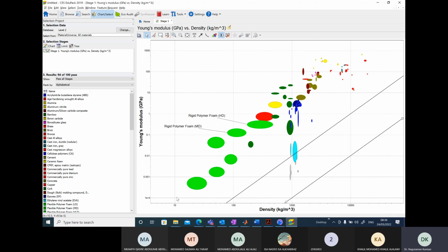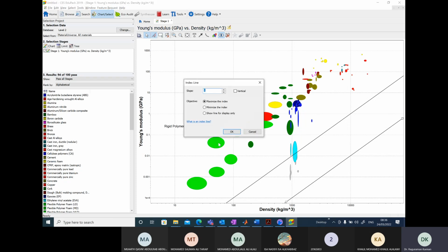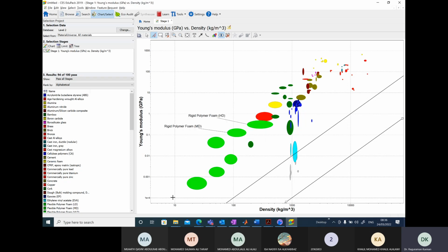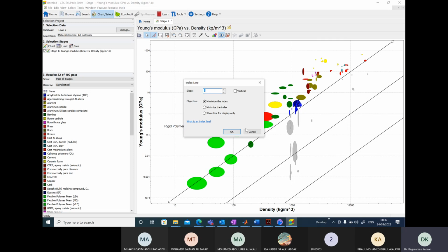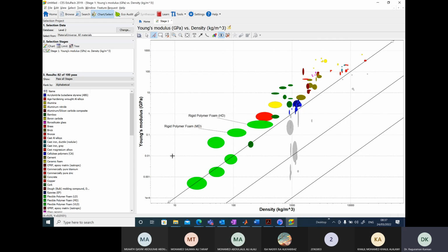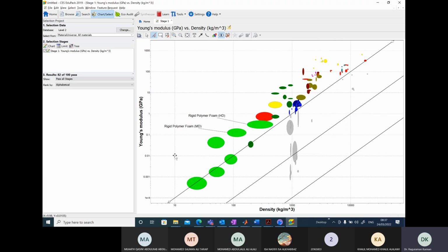For example, I can draw another line here. Again, the slope is 2. Draw another line here, and we can see I can draw several lines. Maybe I can also draw over here.